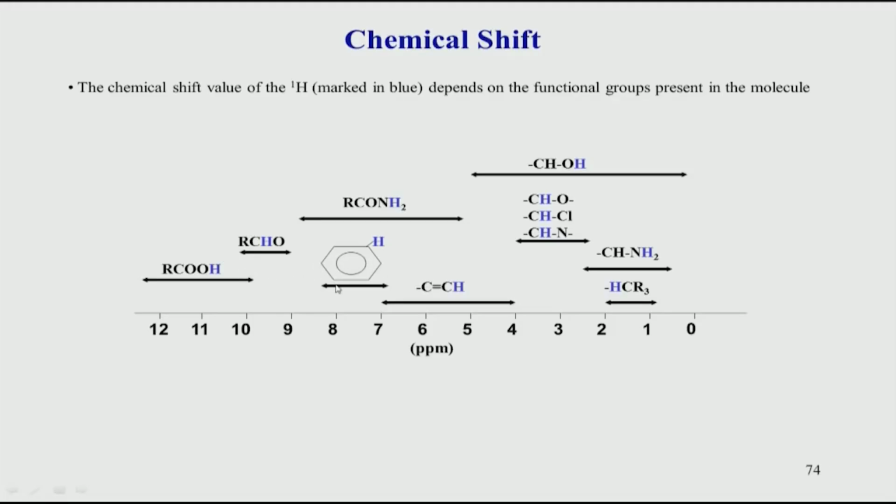So, looking at the peaks in these regimes of an NMR spectrum, one can very easily identify the different functional groups. This is only a limited set of functional groups shown here. As we go further, we will see more and more detailed analysis of different functional groups.